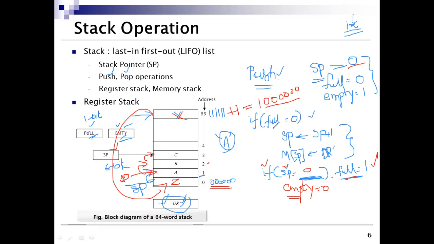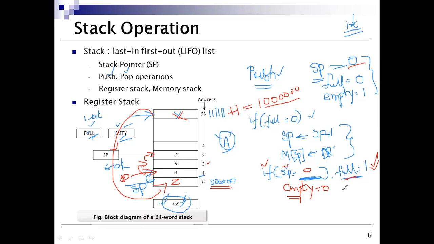These are the micro operations that are performed for the push operation. Initially, we check the full flag. If full is equal to 0, then SP is incremented and then it stores the element. Likewise, for every push operation, finally, whenever SP reaches 0, it means my stack is full. I can make my full flag 1 and empty is 0 in every case.